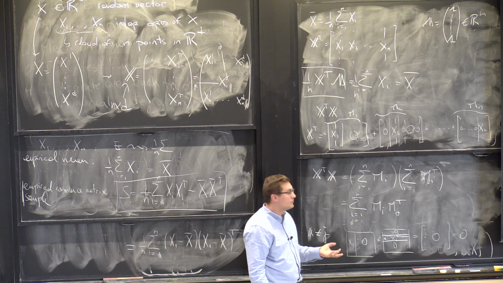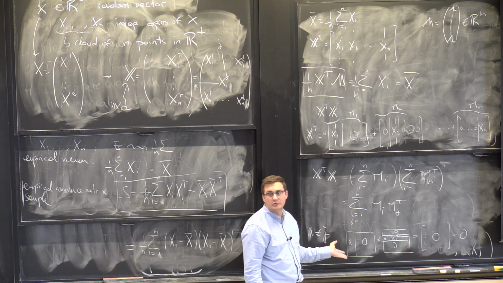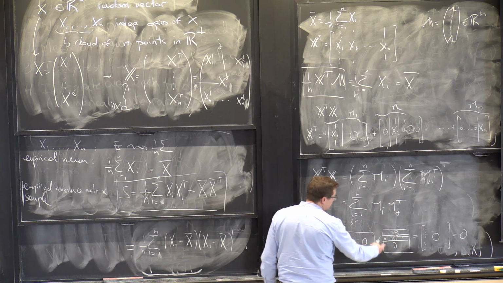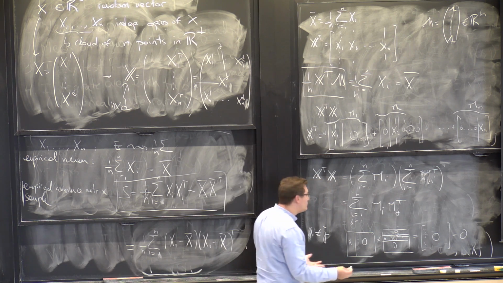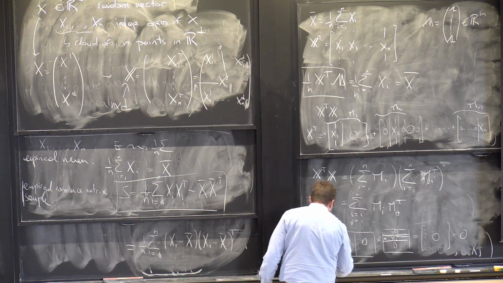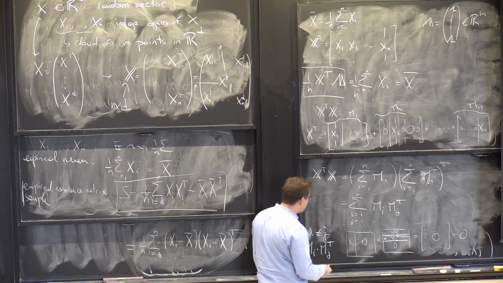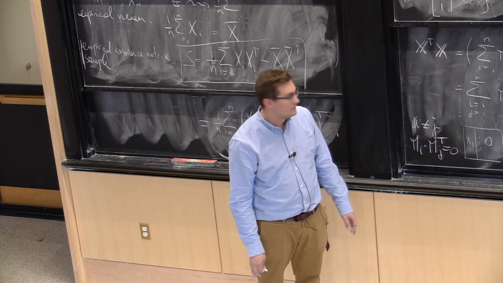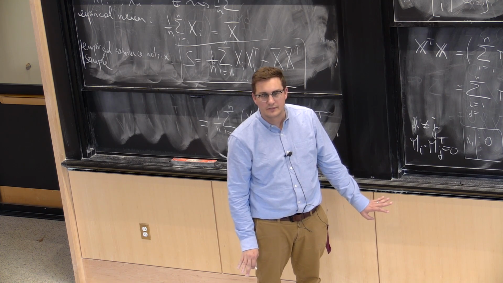They never hit each other when I do the matrix multiplication. Every non-zero hits a zero. And of course, you can check this for every i different from j. So this means that mi times mj transpose is actually equal to 0 when i is different from j. Everybody is OK with this?